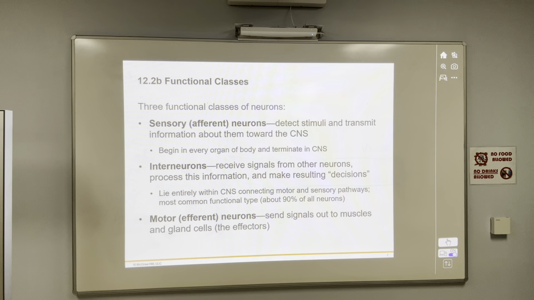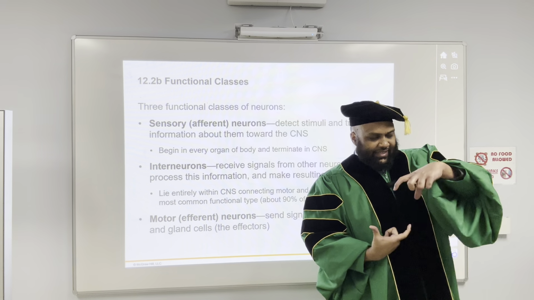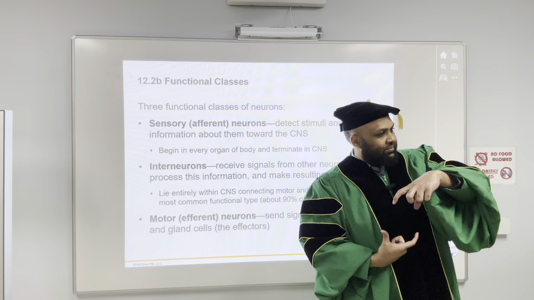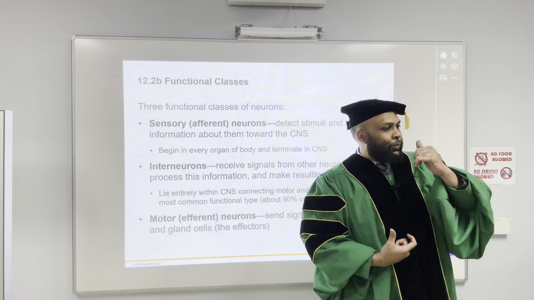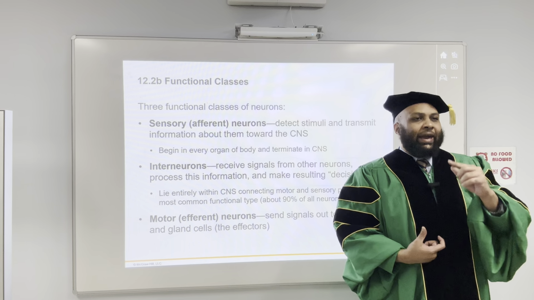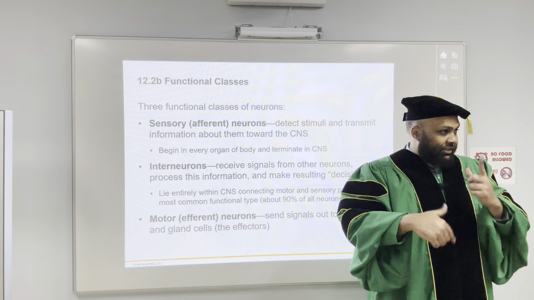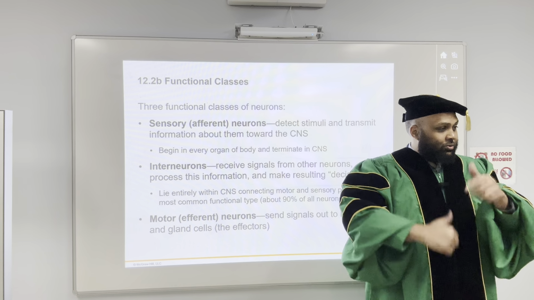A motor neuron is going to go from the central nervous system to the effector. Very good. There is one more type of neuron I forgot to draw. And these are found where? Inside the central nervous system. So you know when you call the 911 center, does the 911 center only receive calls and send out calls to the effector, or can they make a phone call inside the center from the third floor to the second floor to the fourth floor?